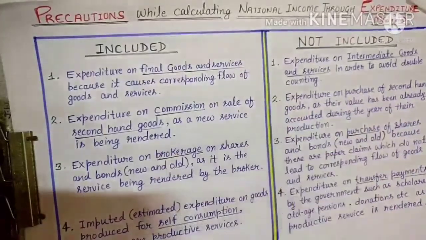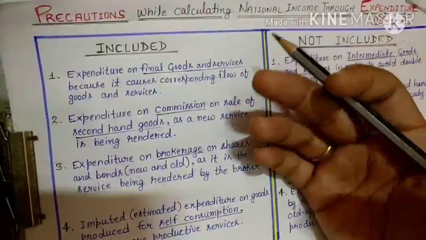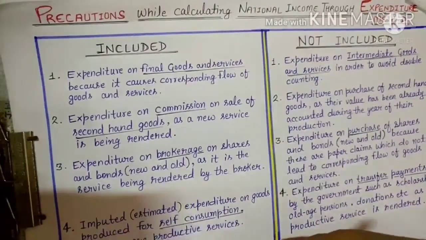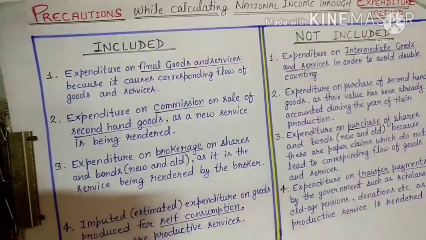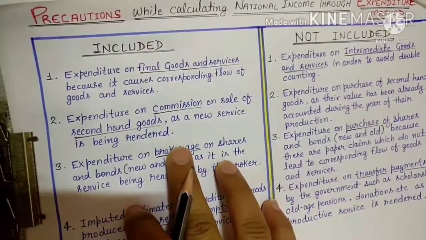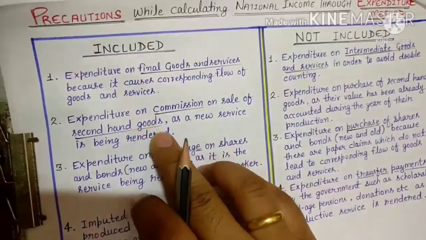I am person A, and person B wants to purchase my second-hand bike. A mediator comes in, and I tell the mediator that I want to sell my bike at 70,000 rupees.